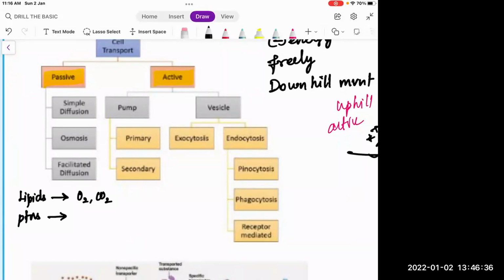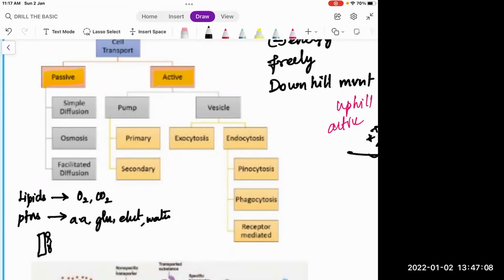That is simple diffusion. And in the case of proteins, substances like amino acids, a few glucose molecules, the electrolytes and the water molecules can diffuse through the protein layer, because the integral proteins we have seen are present across the entire thickness of the cell membrane.